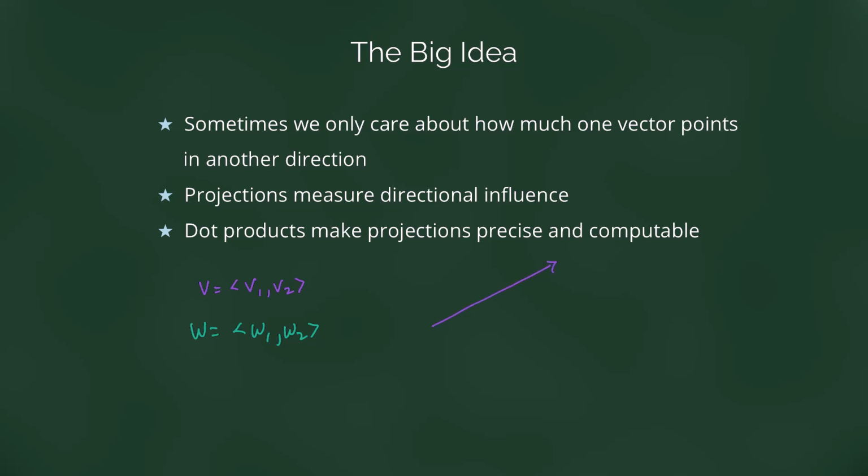So I'm going to draw v here, and then I'm going to draw some other vector w. And we can see that between them there is some angle, theta. To get the projection of v onto w, which we write as projection of v with a little lowercase w, so this is projection of v onto w.